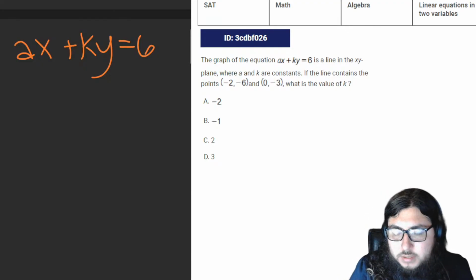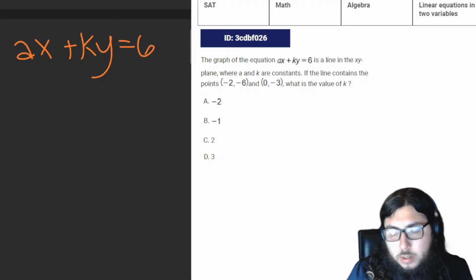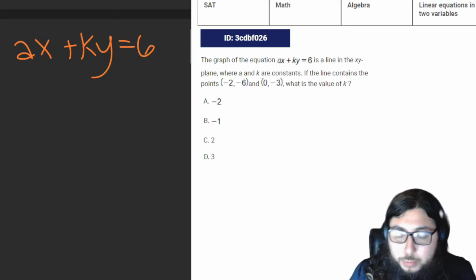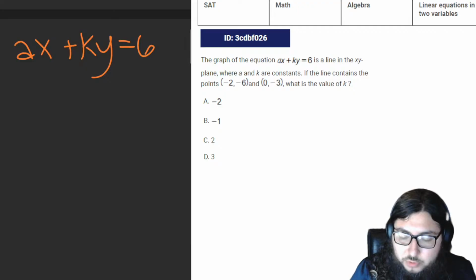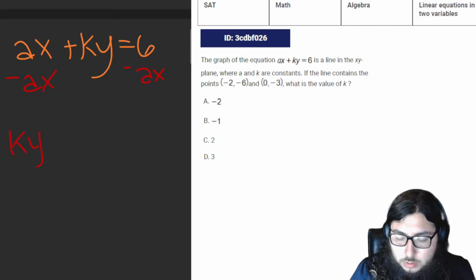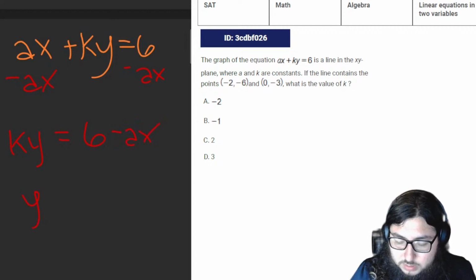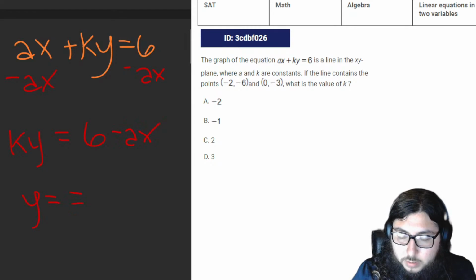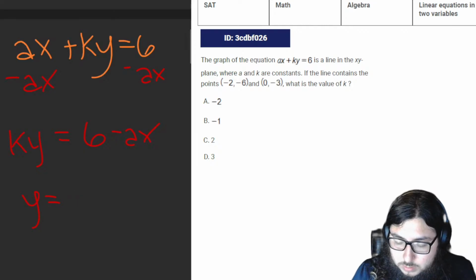So let's put this into slope-intercept form first. Subtract ax from both sides. We get that ky is equal to 6 minus ax, and that y is then equal to, divide everything by k, 6 over k minus ax.